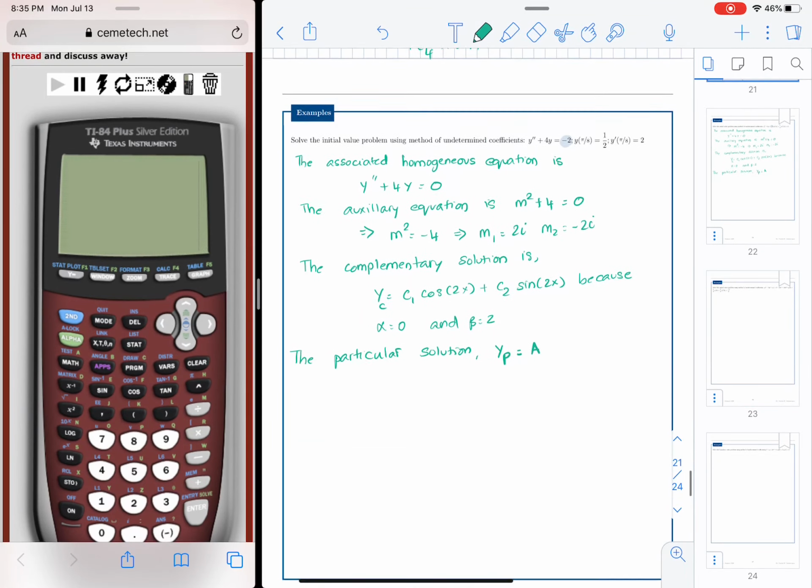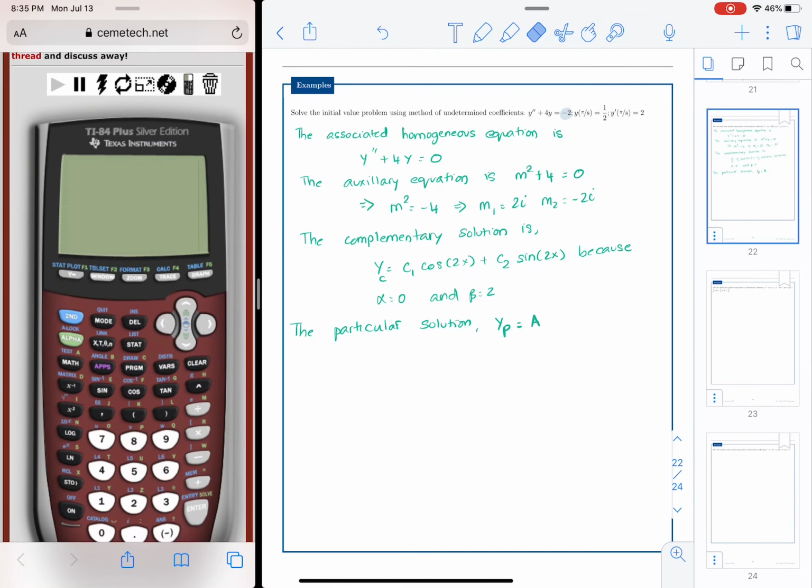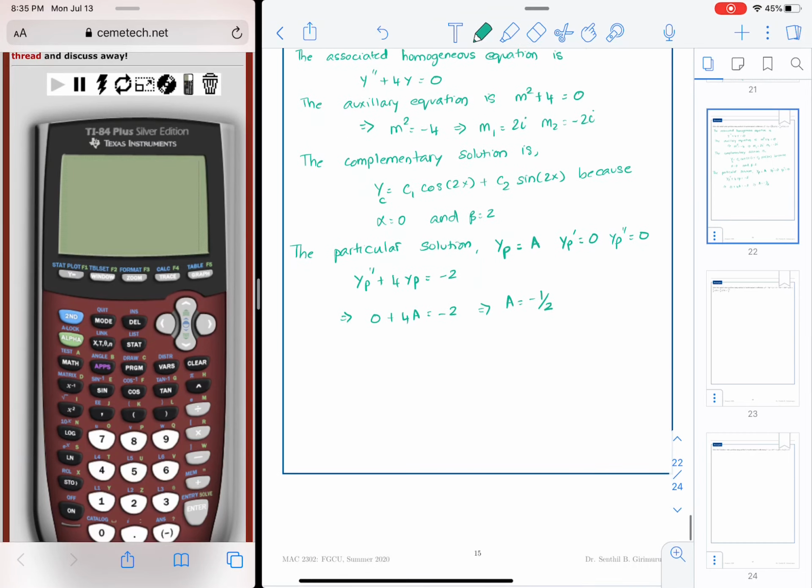So if I plug that in, I will get yp double prime plus 4yp equals minus 2, which would imply, well, yp prime is 0, yp double prime is also 0, so 0 plus 4a would equal negative 2, which would imply a is negative 1 over 2.